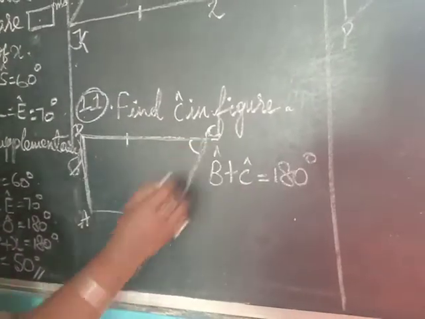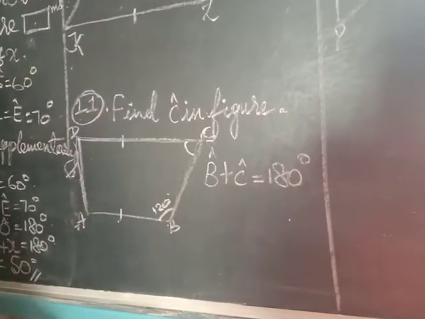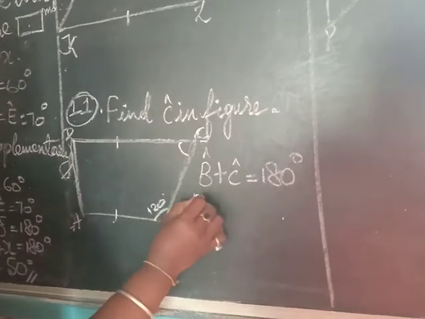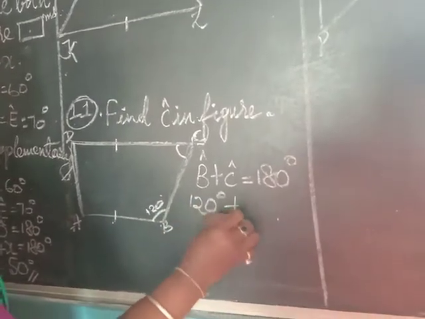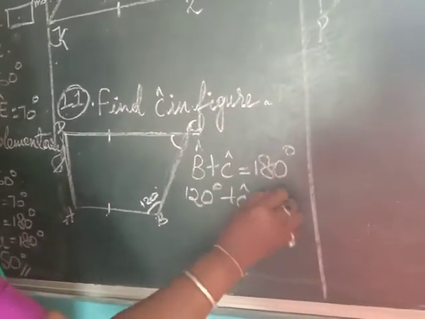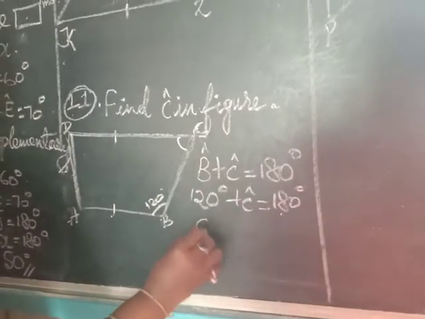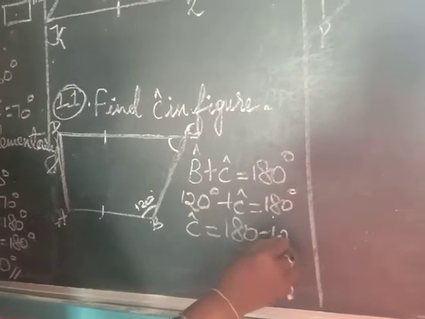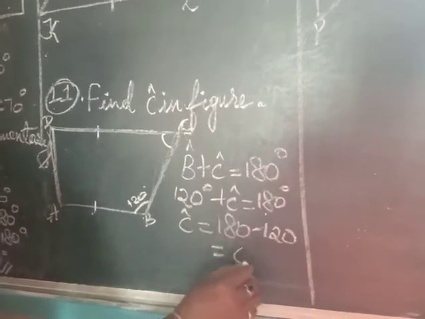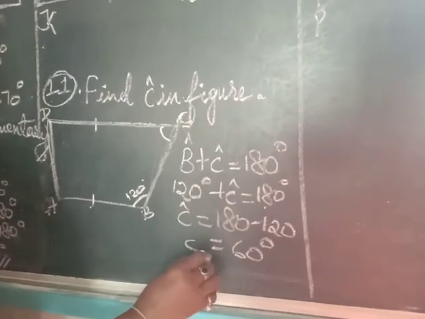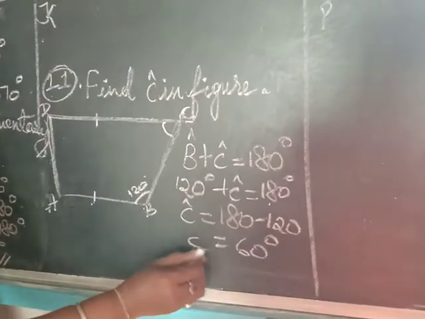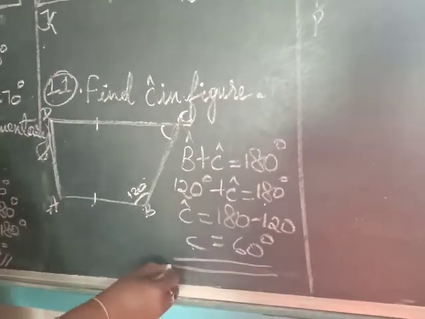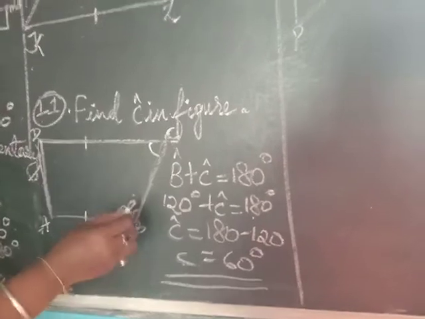Angle B is 120 degree plus angle C is equal to 180 degree. So angle C is equal to 180 minus 120, that is equal to 60 degree. This is the answer for the 11th question.